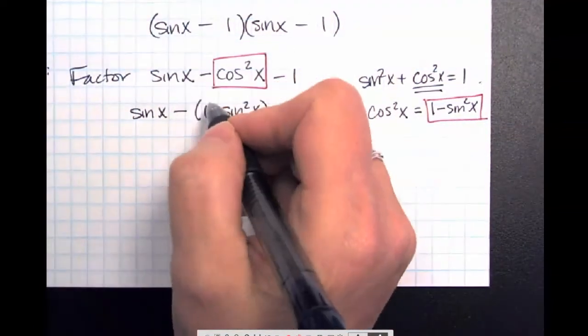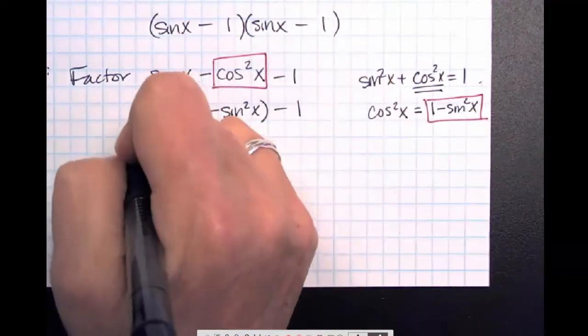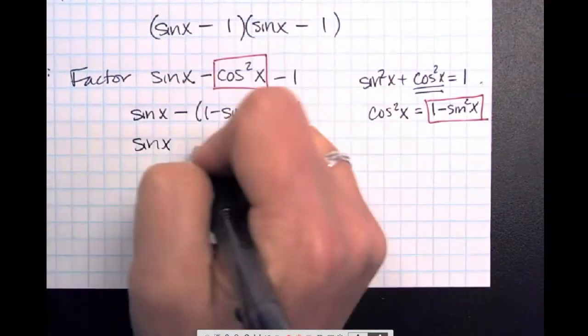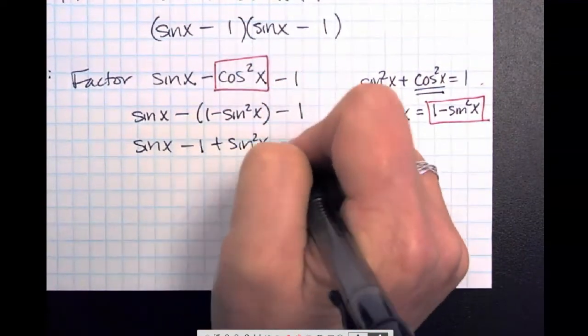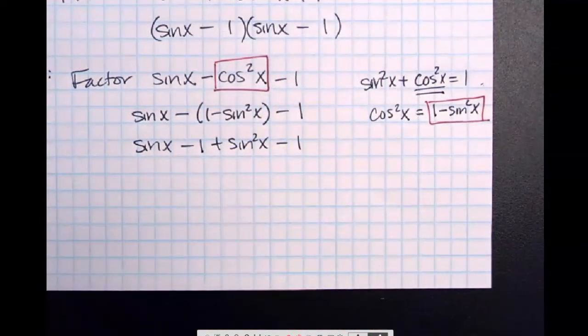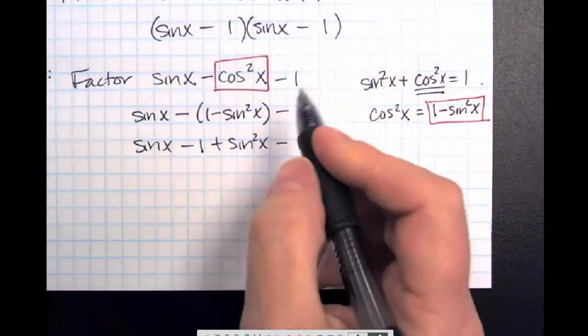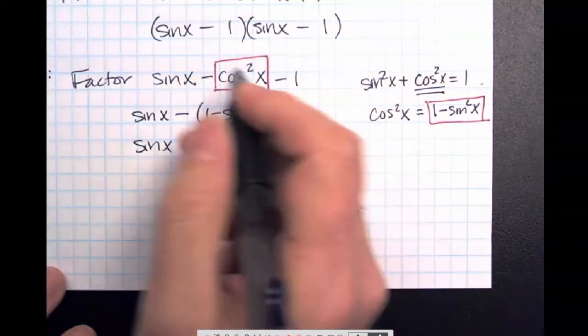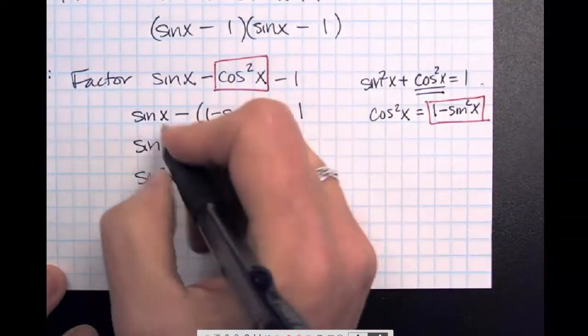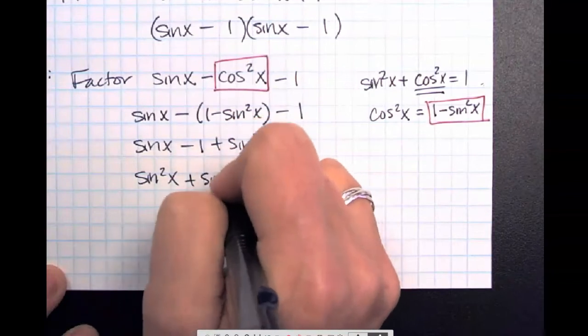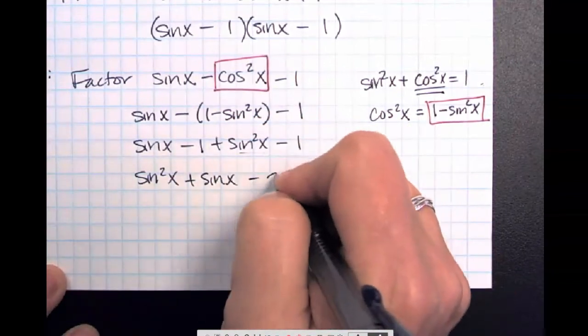I'm going to distribute a negative 1 basically here. So I will have sine x minus 1 plus sine squared minus 1. Okay, I didn't get rid of anything, but I don't see any cosines there anymore. So I'm going to put this in descending order. I'm going to put the sine squared first, then the sine, then minus 2.